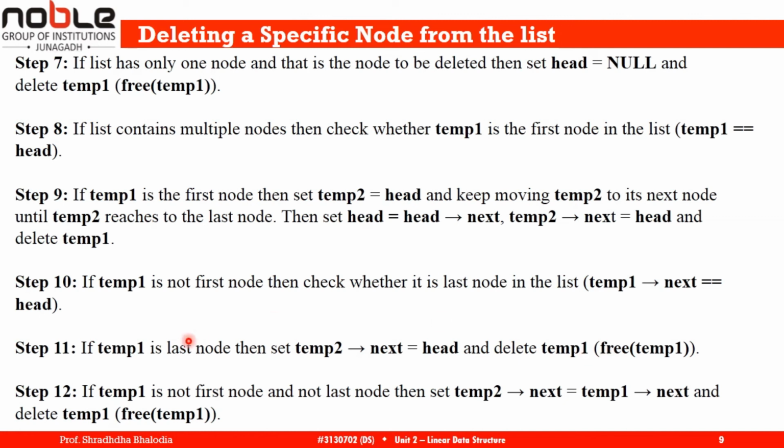And at the end, if the list has multiple nodes but the specific node temporary 1 is not the first node and not the last node, then set temporary 2's next equal to temporary 1's next and delete temporary 1. So this is how the deletion of a specific node from the list is done in a circular linked list.